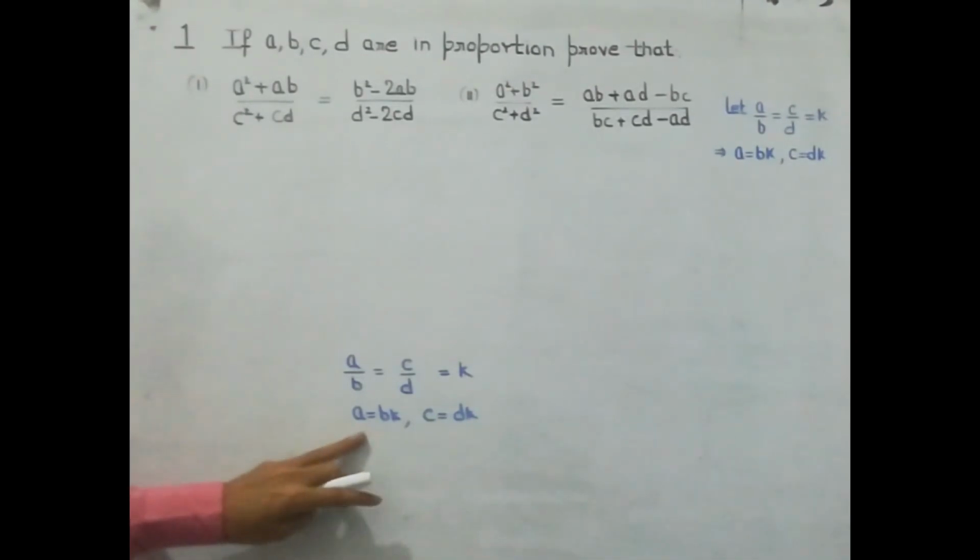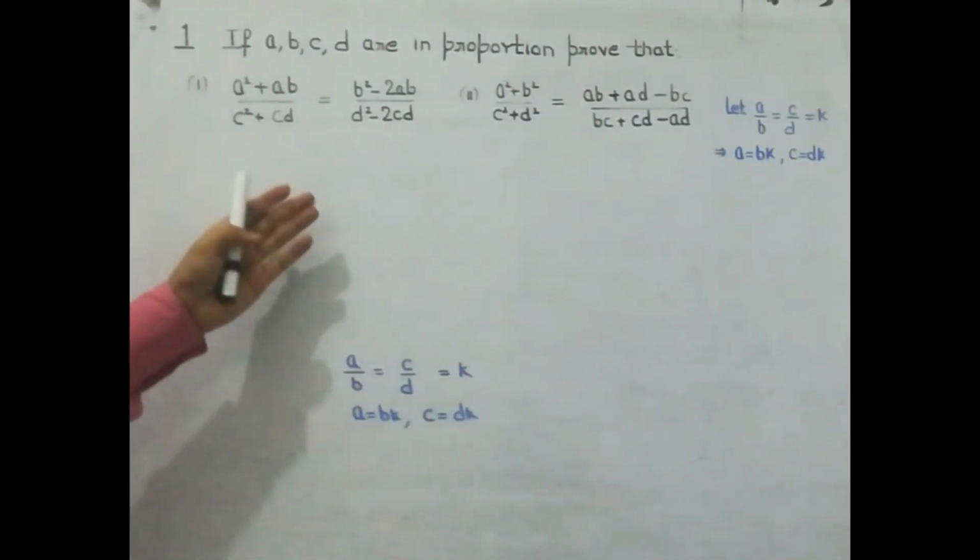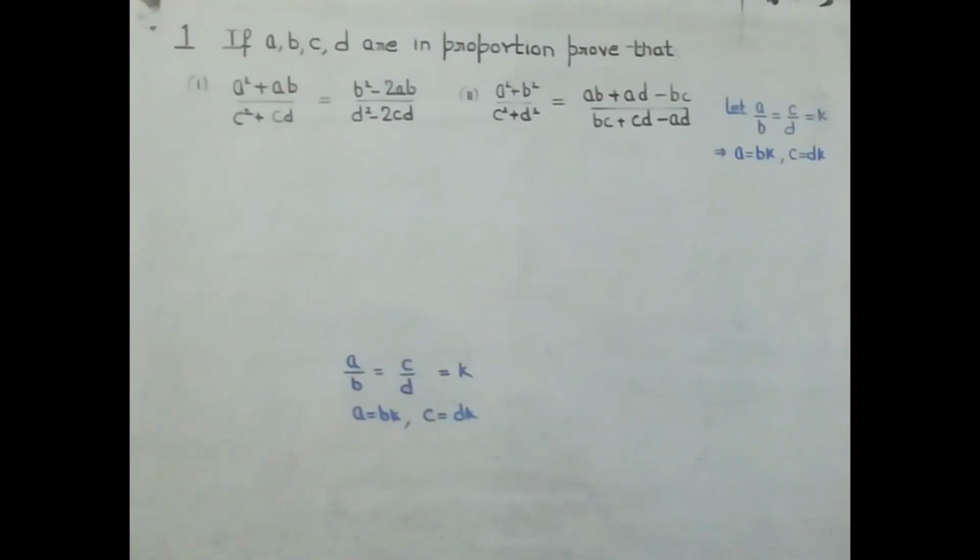Now these two substitutions, A is equal to BK and C is equal to DK, we have to make on the left side and on the right side, and then the result should be equal. So let us try this one.